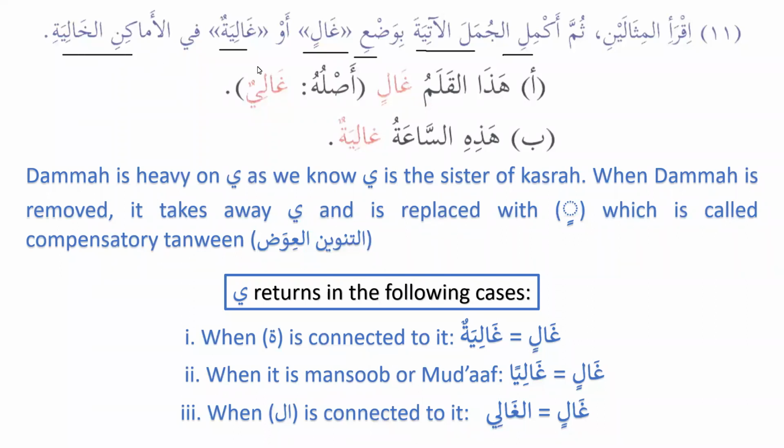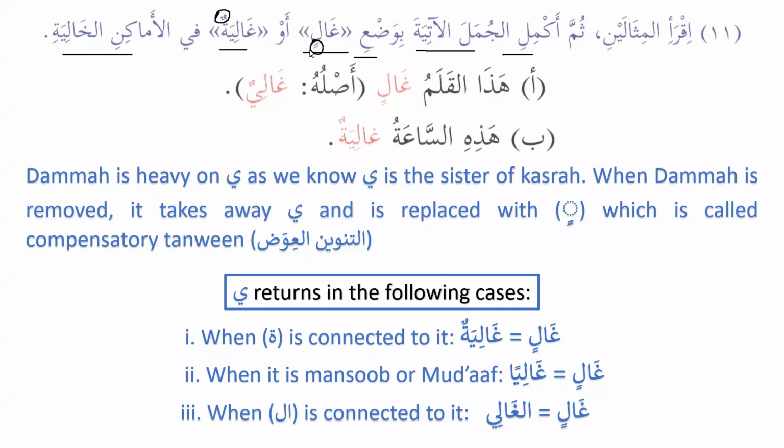Now you might be thinking, or you can see over here, here we have غال and here we have غالية. So I have a question. What's the i'rab or status of غال and what's the status of غالية in these two nouns? Any idea?